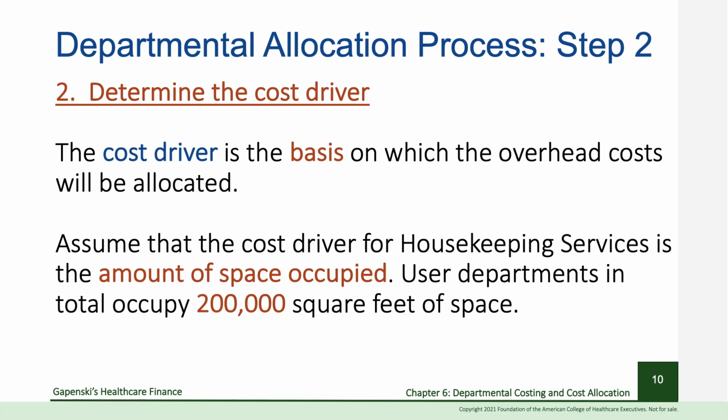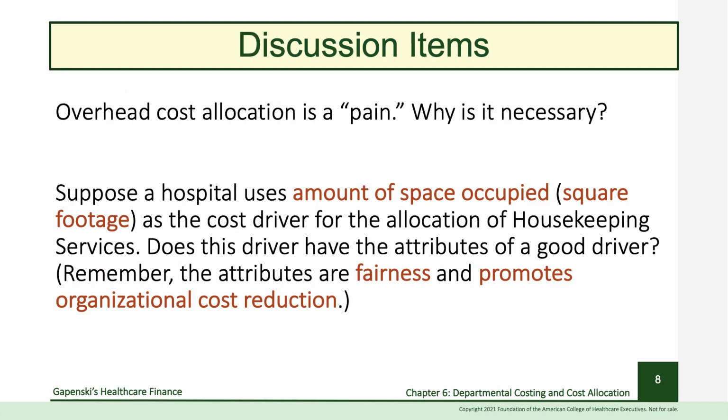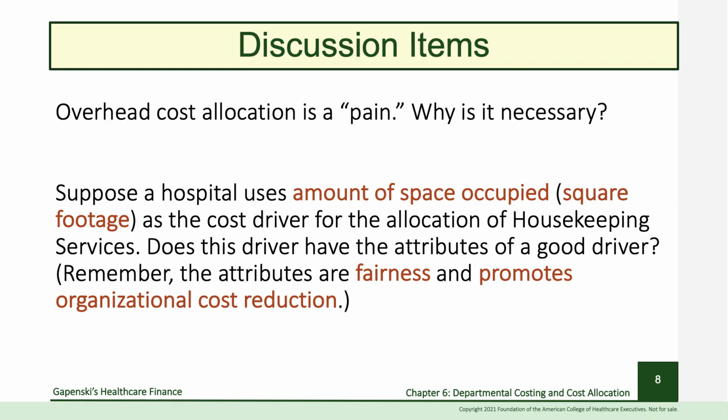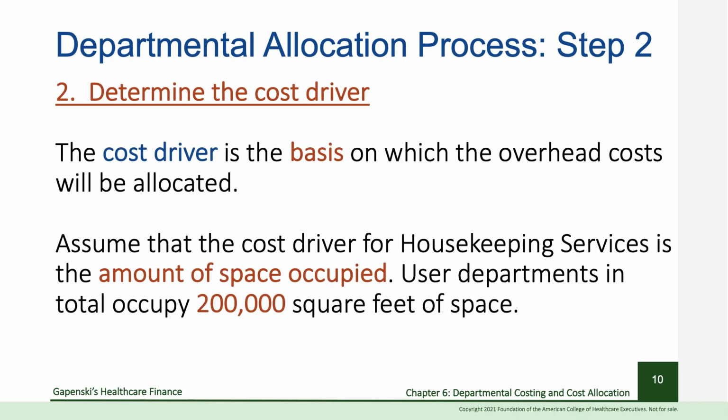Now, the cost driver has to be determined, and that is the basis on which overhead cost can be allocated. If you remember from a couple of slides ago, we said that the amount of space is the cost driver. So now let's say that the cost driver for housekeeping services is the amount of space occupied. The user departments in total occupy 200,000 square feet of space.